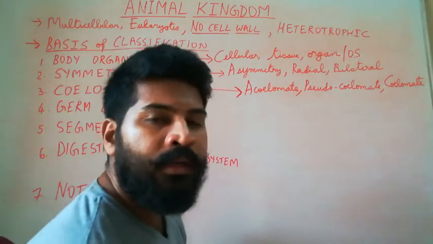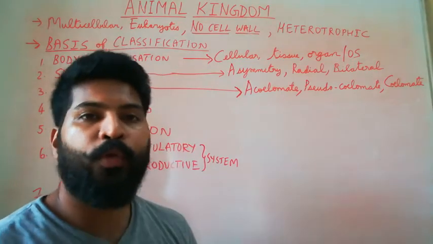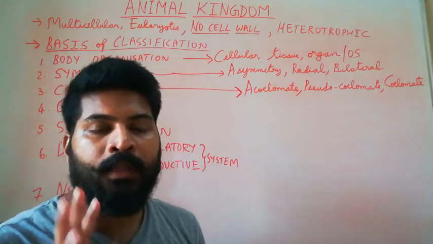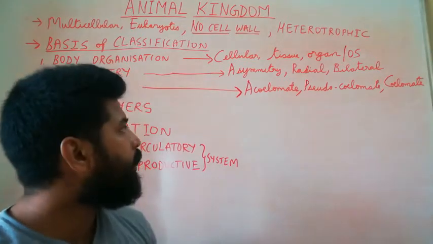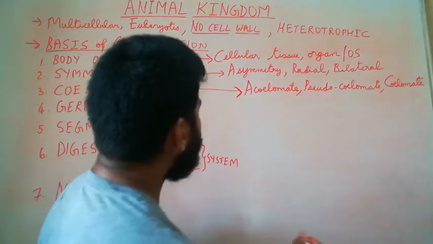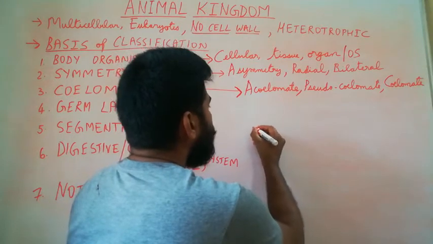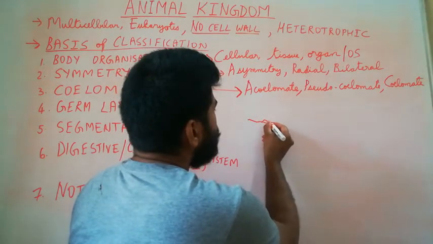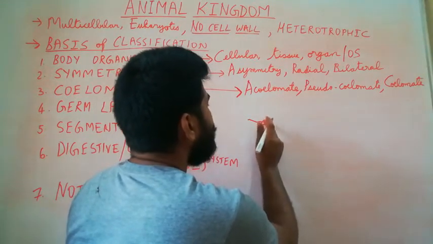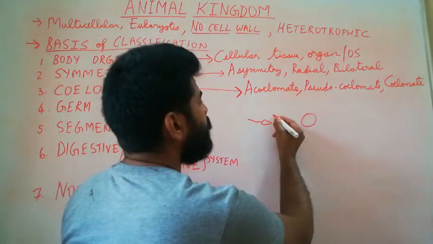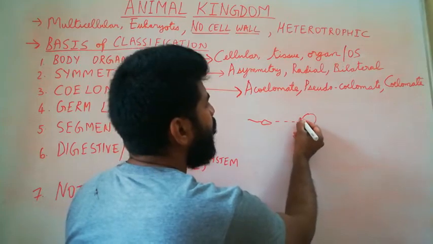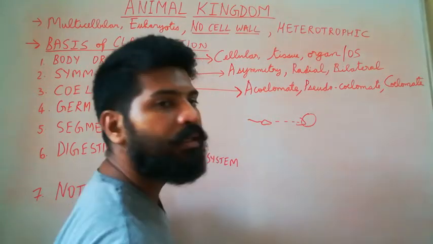Now, to understand germ layers, you have to quickly recollect the process of sexual reproduction in animals. During sexual reproduction, let us say in the case of human beings, the male gamete, that is the sperm, will come and fertilize the egg.